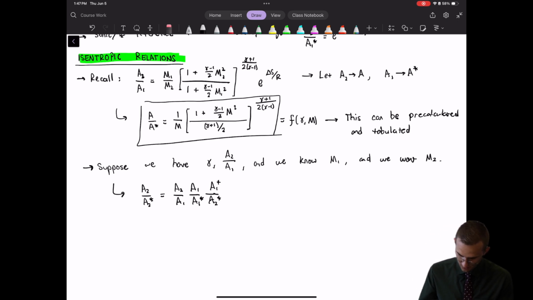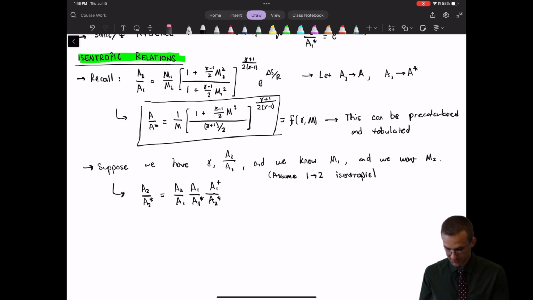And then also we're going to assume 1 to 2 isentropic. Got to write that down there. So we're assuming the transition from state 1 to 2 is isentropic. And then, okay, what are we looking at here? Well, because the state 1 to 2 is isentropic, this A1 star over A2 star is just equal to 1, right? That's because of that isentropic thing.